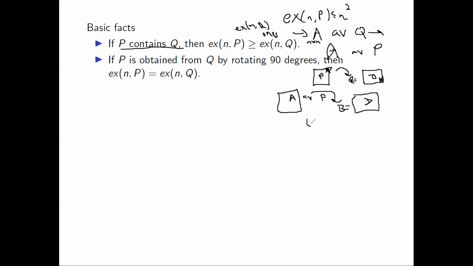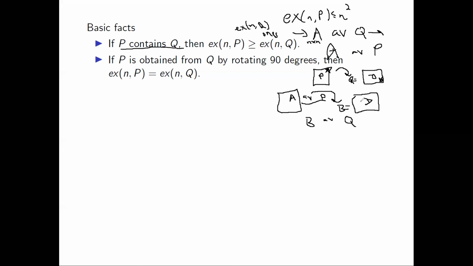And B must avoid Q, because if B contained Q, then that would mean that A would have had to contain P, but we assumed that A avoided P. And we can take that A to have Ex of n comma P ones. So that gives us an n by n matrix that avoids Q with Ex of n comma P ones.